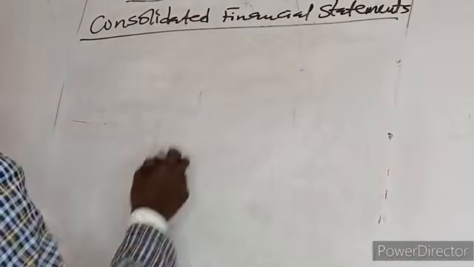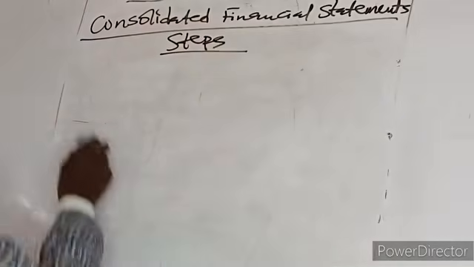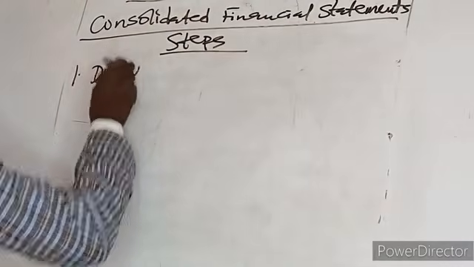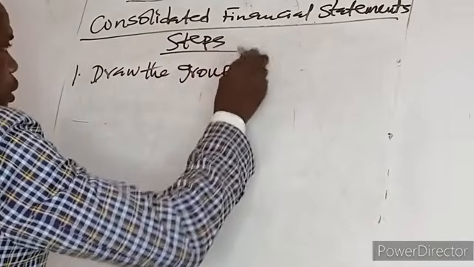Now, what are the steps for preparing the consolidated financial statement? Step number 1, draw the group structure.